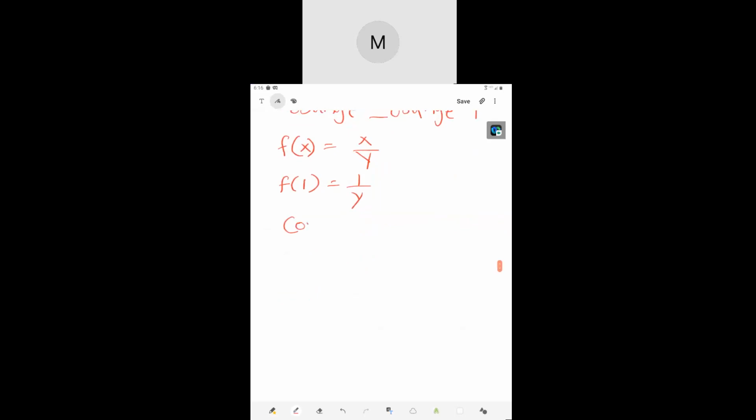So let's talk a little bit about that, composite functions. Let's say I have two functions given to me, and let's make it simple to start with. Let's say f of x is x plus 1 and g of x is x plus 2.